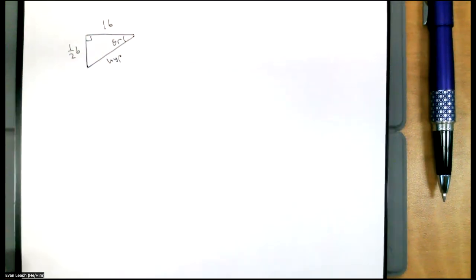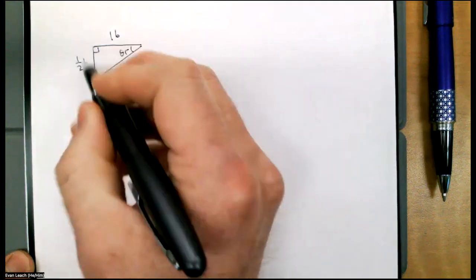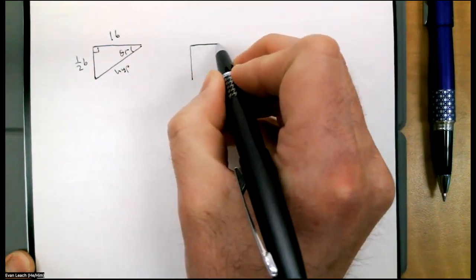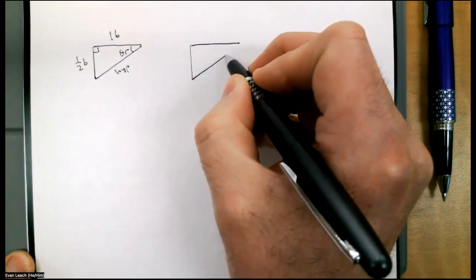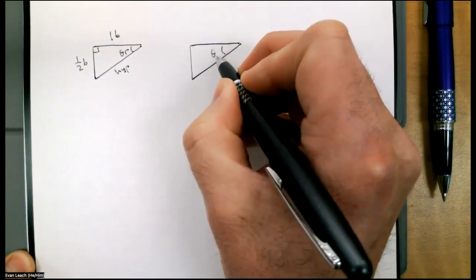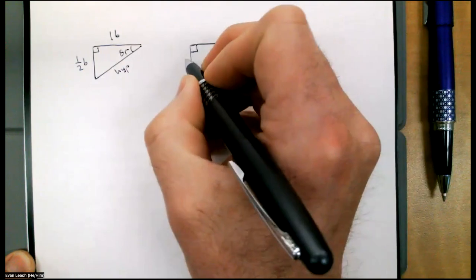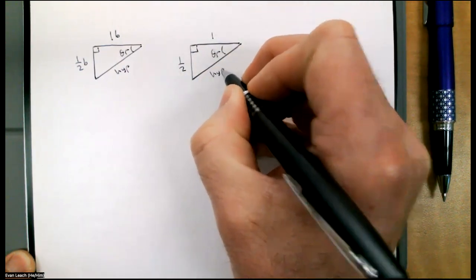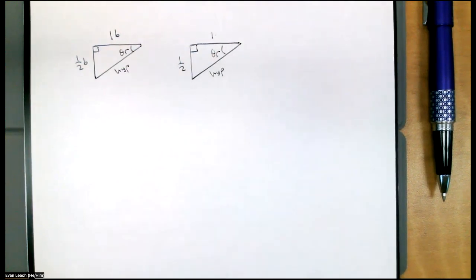I can use a similar triangle where I divide all the sides by b and figure out that hypotenuse. So rather than using all the ones with a b in it, let's just cancel the b all the way around. Divide everything by b.